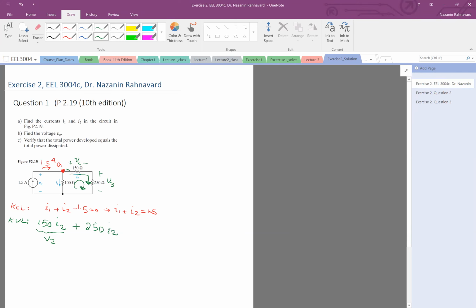Remember, these two are in series. For elements in series, whatever current is going here is also going there, the same current. So 250 times I2.